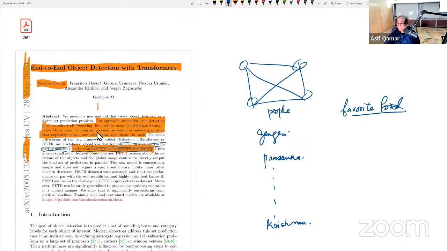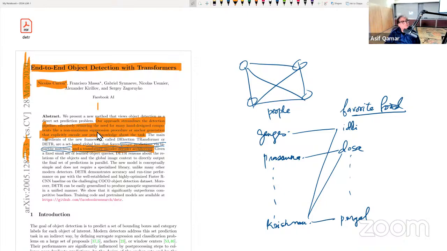Ganges? Idli. Prasanna? Dosa. And Krishnan? You are allowed to choose the same. Idli, dosa, anything else? Pongal. No talking in bias. There is no Indian bias. Vasanti.